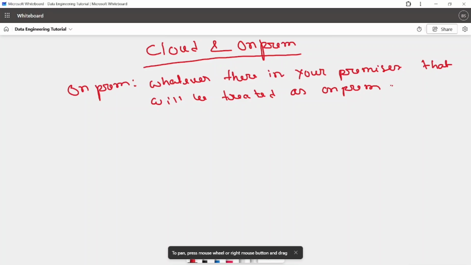Now what is meant by cloud? This concept is also very important. Cloud means the infrastructure is provided by a cloud service provider such as Microsoft Azure, Amazon Web Services (AWS), or Google Cloud Platform (GCP). You access services over the internet and pay only for what you use. That is called cloud. Just remember. Cloud is quite the opposite, it is not in our control.